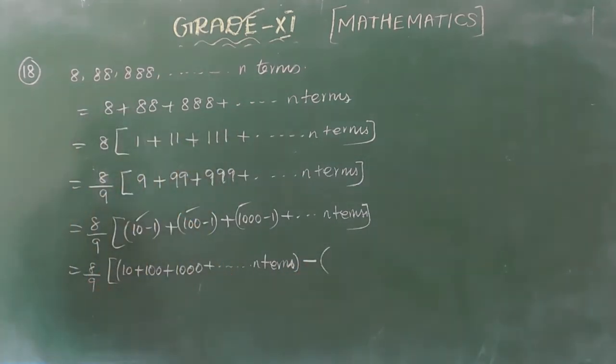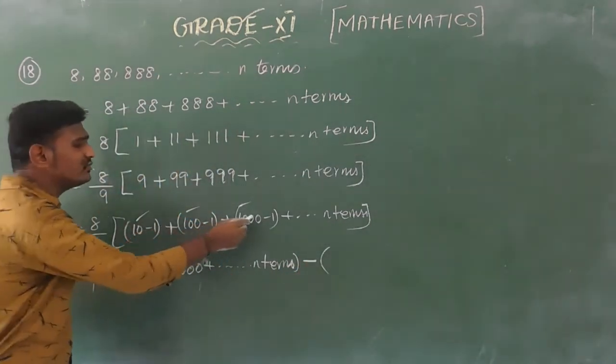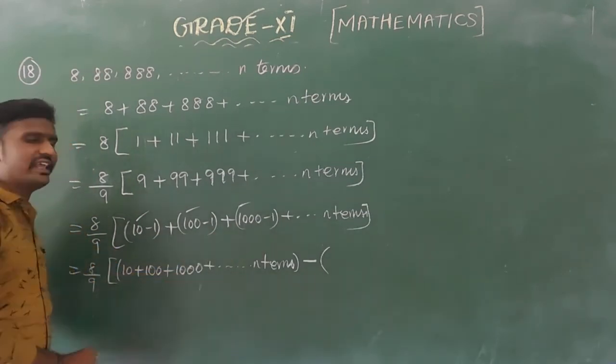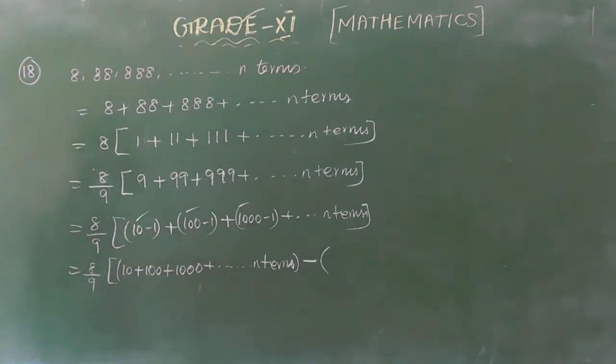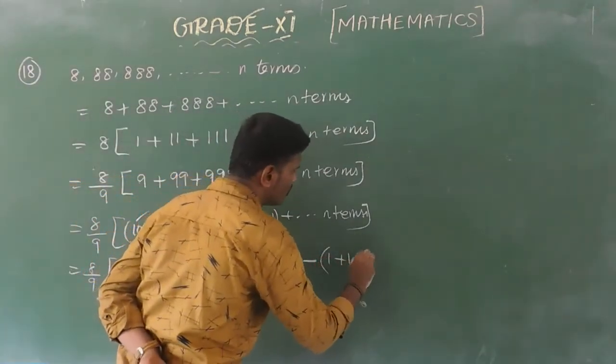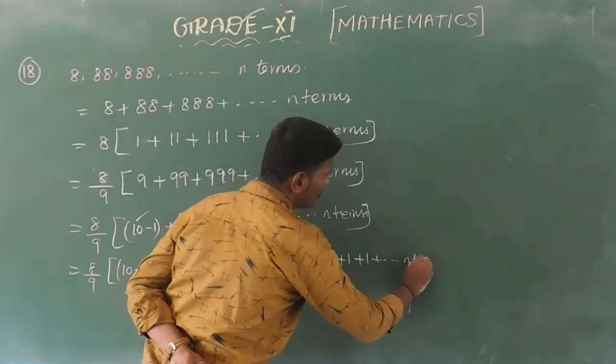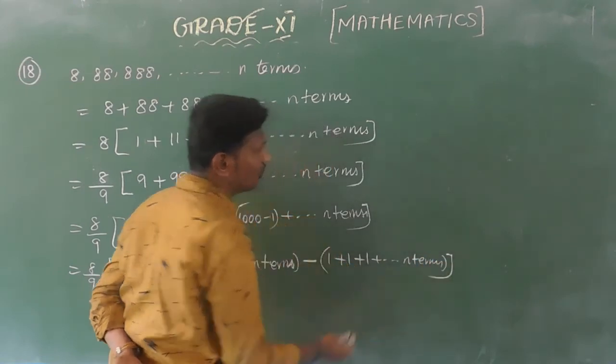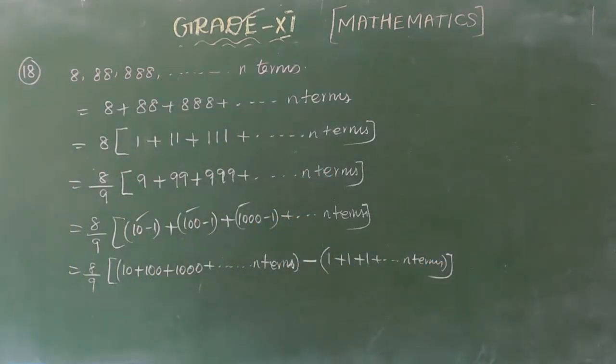minus, see, you have a minus for all the terms in common, no? So I am taking the common minus outside. So the remaining terms are 1 plus 1 plus 1 plus up to n terms. So students, you have bracketed it into two sequences like that.